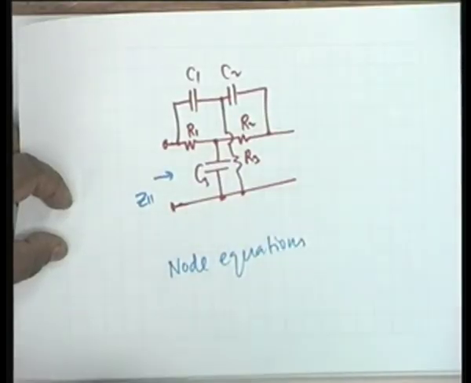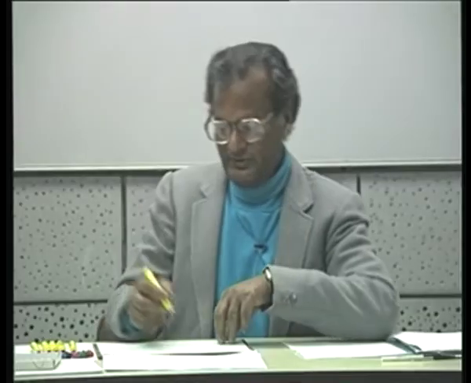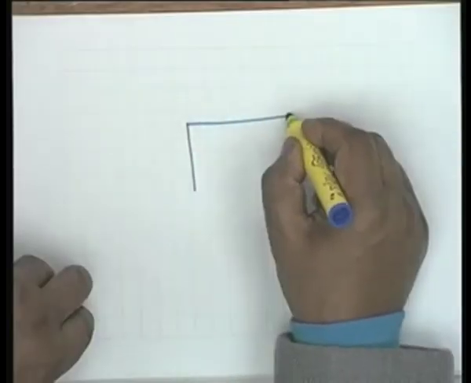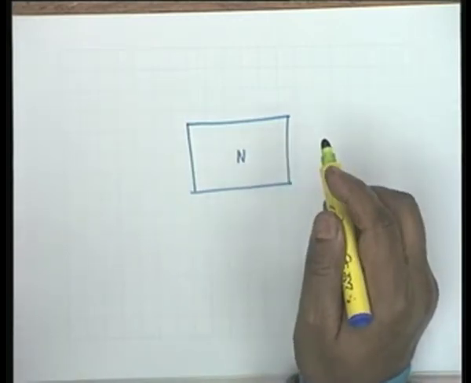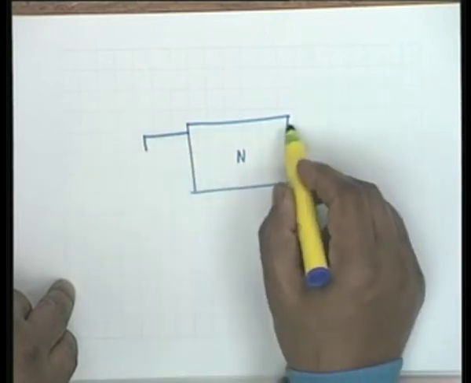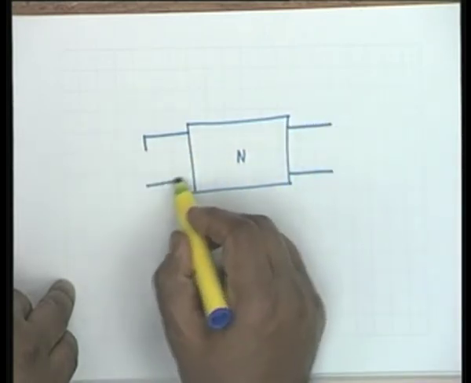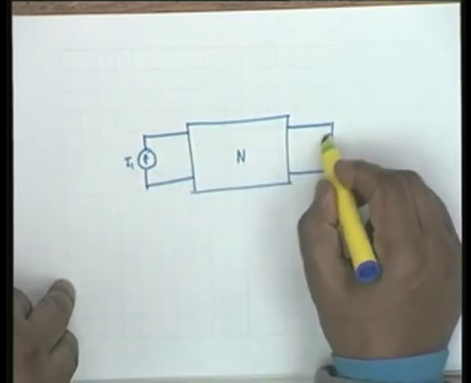For a complicated network in which one cannot find out the Z parameters by inspection, one uses node equations, and we look at the network like this. We have n nodes and we have 2 ports which are available. So, to the 2 ports I connect 2 current generators I1 and I2.